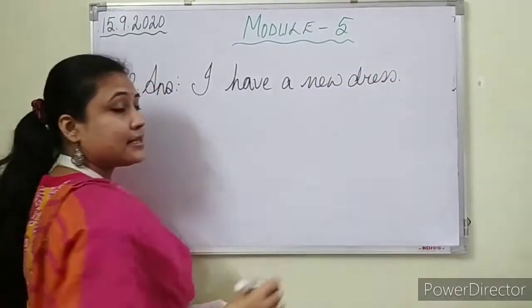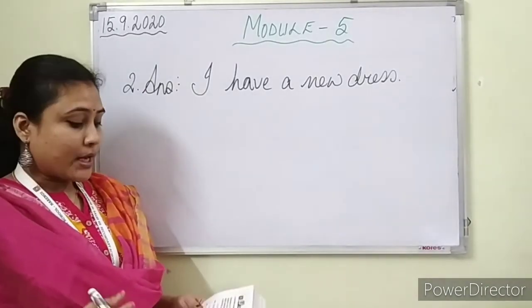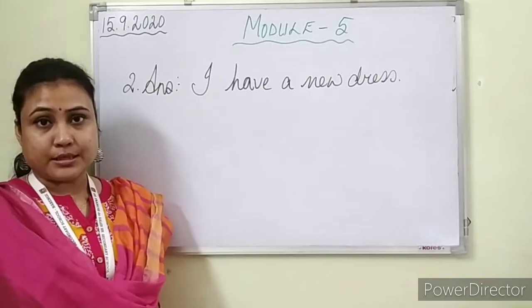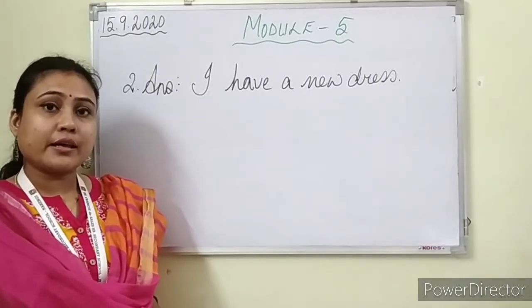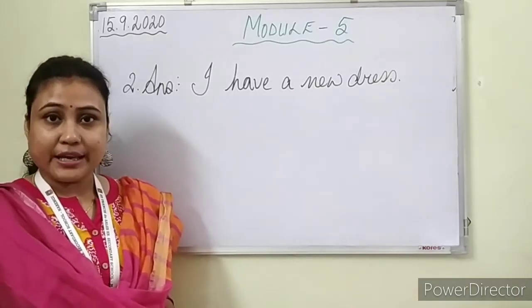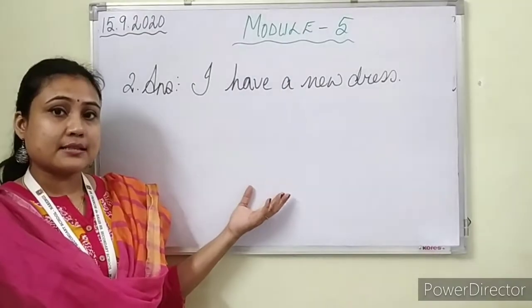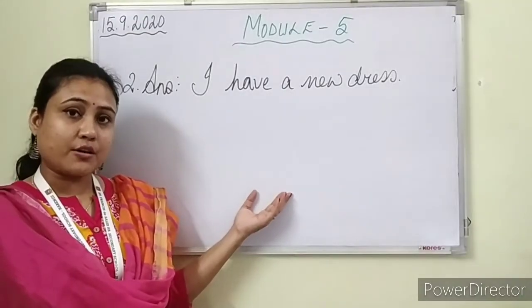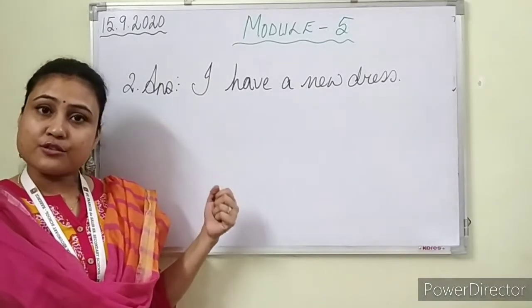A sentence has to give a complete meaning, right? When the sentences were jumbled, what had happened? We didn't know what the speaker is trying to say, right? So when we unscramble the sentences, we came to know the real meaning of it. It says that I have a new dress.